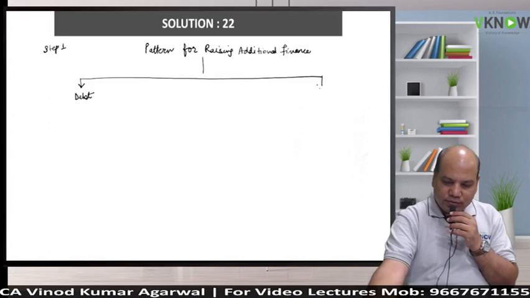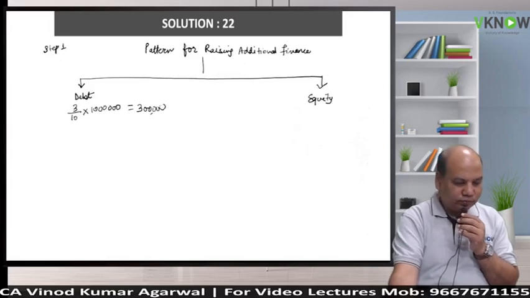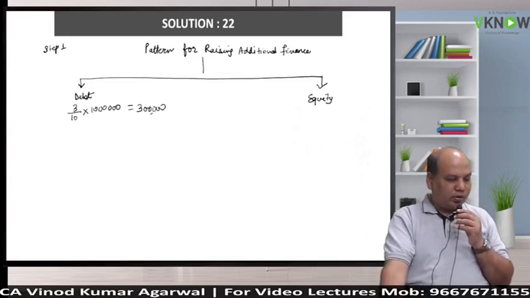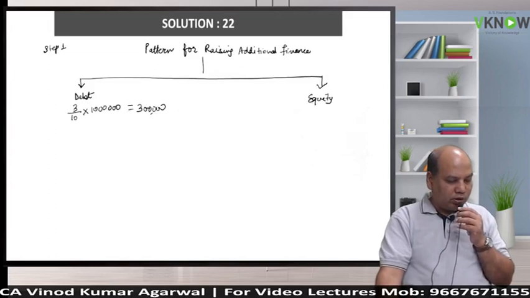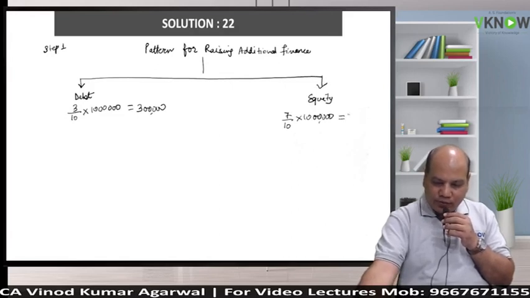Debt and equity. Debt will be 3 by 10 of 10 lakh, 3 lakh. Is it right? And equity will be 7 by 10 into 10 lakh, that is 7 lakh.